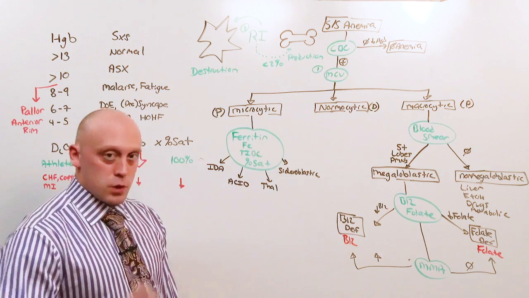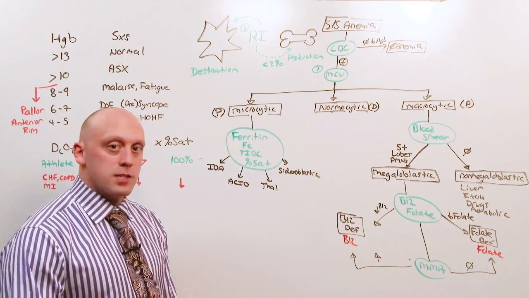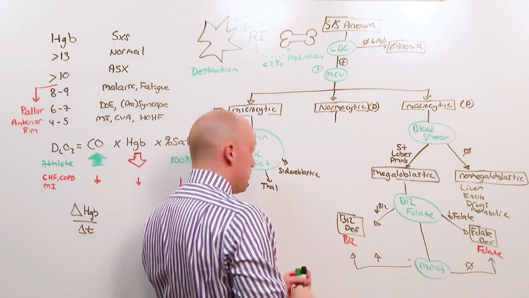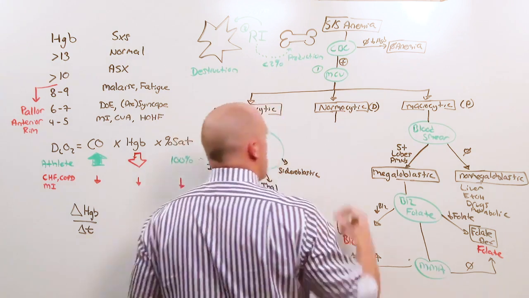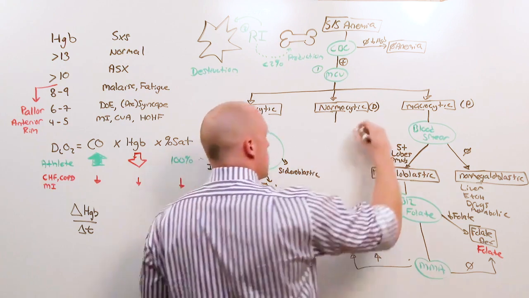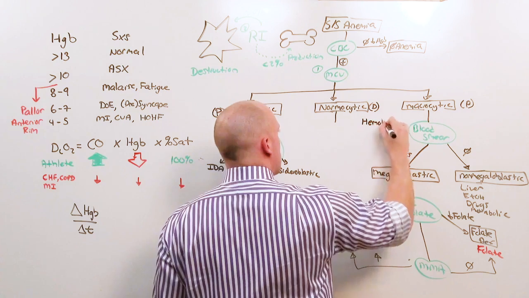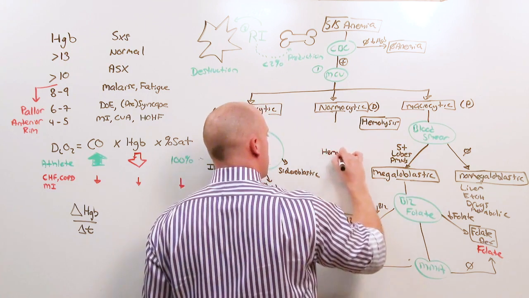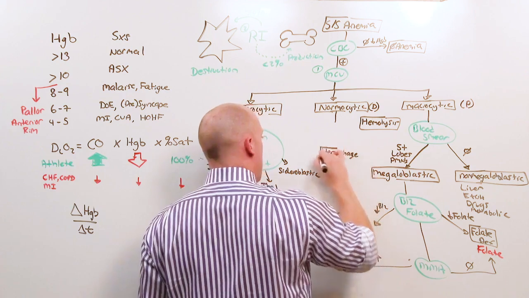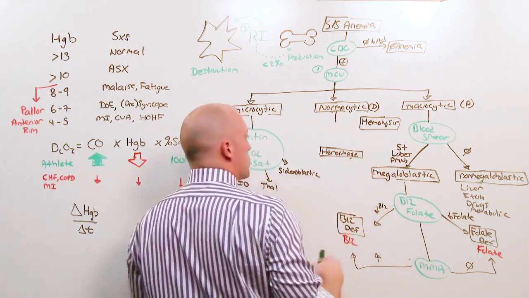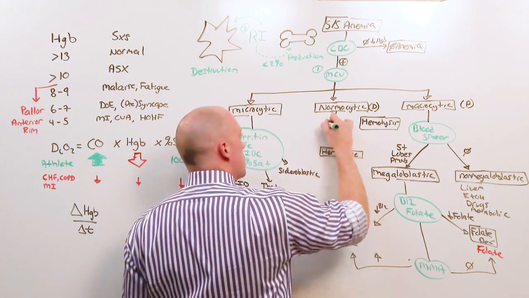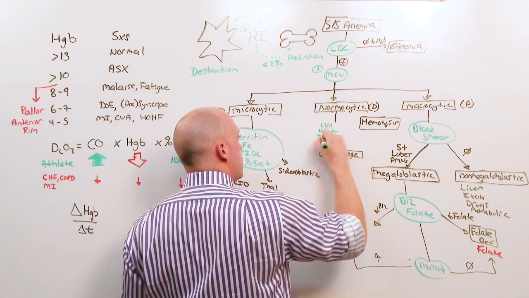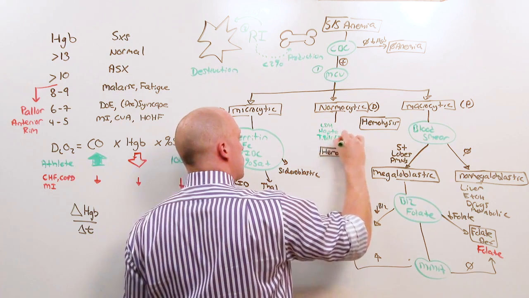Normocytic anemia, the destruction variety, the kind that you're going to see most often, is either going to be hemolysis or hemorrhage. This is an acute drop in the hemoglobin. And what you use to separate hemolysis from hemorrhage is going to be the markers of hemolysis, LDH, haptoglobin, and bilirubin, both T-bili and D-bili.